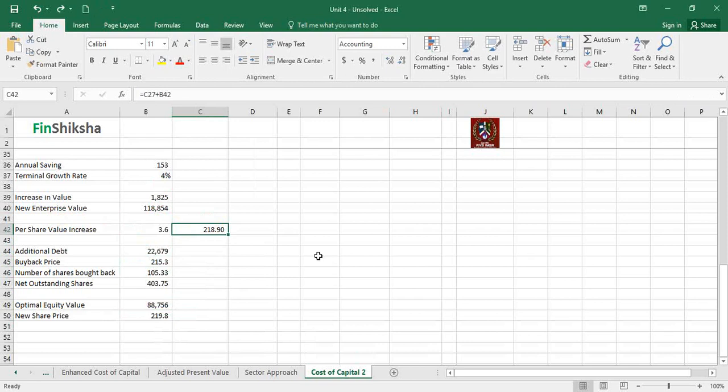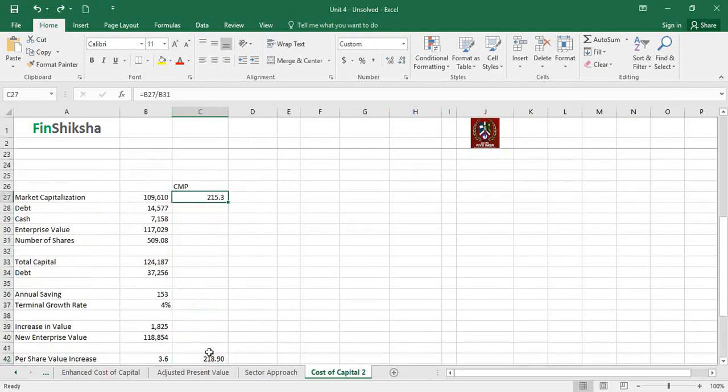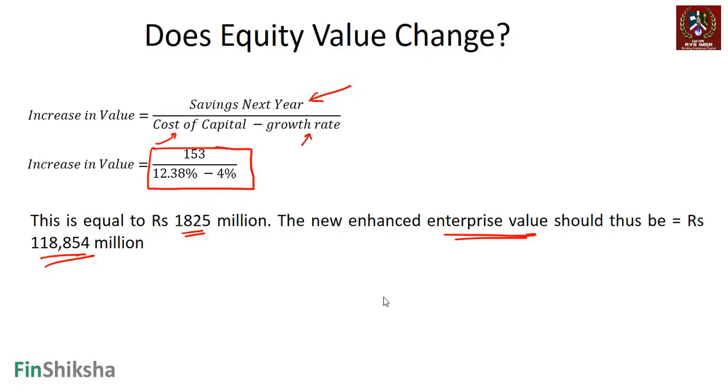Nevertheless, in any case, as you keep borrowing money to reach the optimal capital structure, share price will move up marginally to incorporate those changes, right? So that's the important understanding of what we have done here. That's what basically shows us how a company creates value.